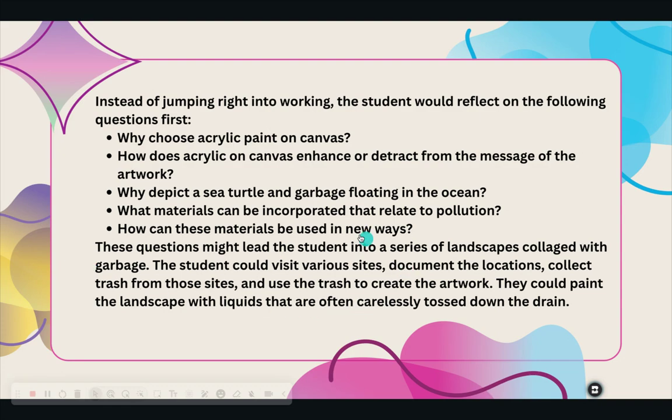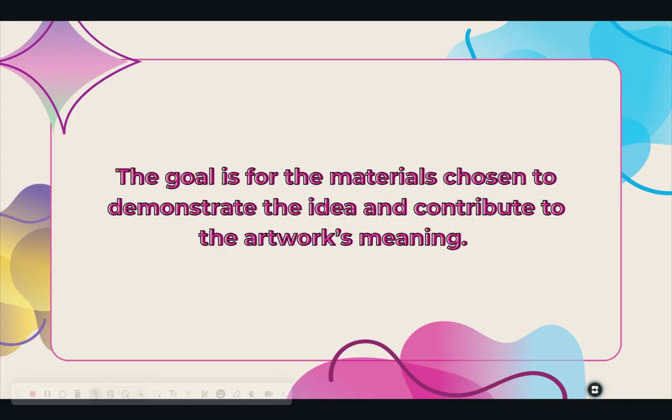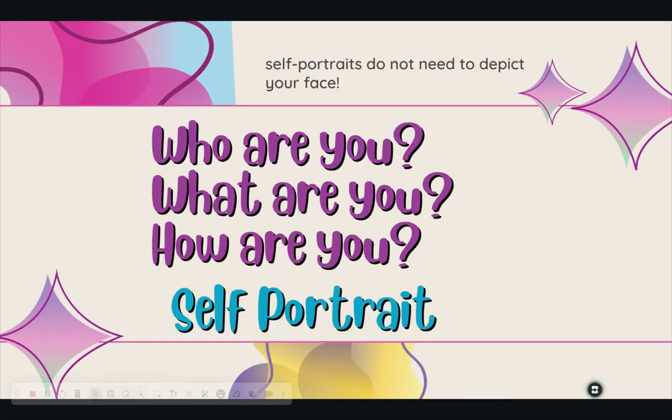So this is a good example of how you can implement the meaning of your artwork with your materials instead of just jumping in with a regular old acrylic painting, which would convey meaning anyway because acrylic is plastic. However, this takes it even a step further. So again, the goal is for the materials chosen to demonstrate the idea and contribute to the artwork's meaning.